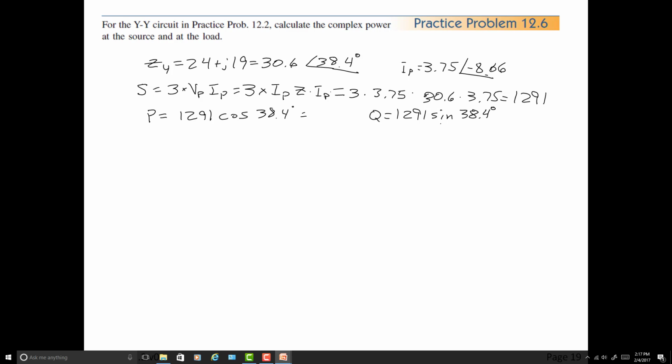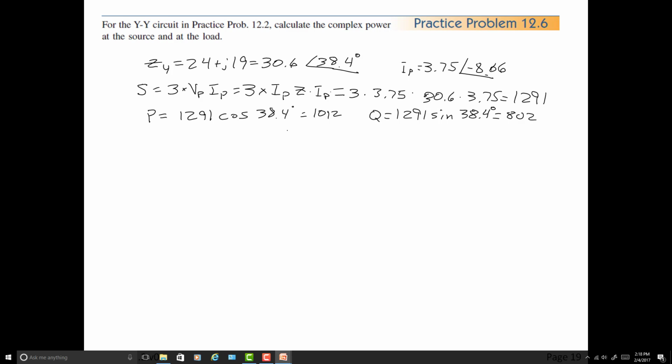Now we know Q is going to be, the sine of a small number is going to be less than the cosine of that small number. So Q is going to come out less than P to be sure. And those values are here, 1012 or thereabouts. And this is some in the 800s, 801 or 802, somewhere in there.